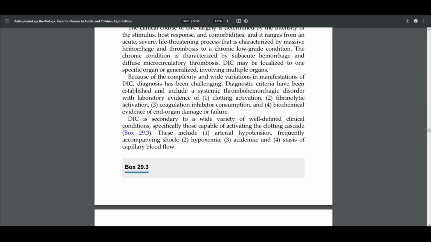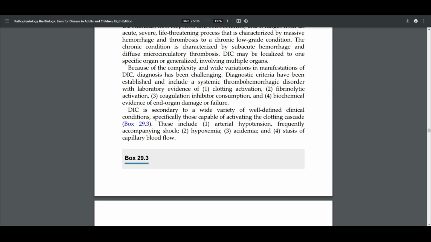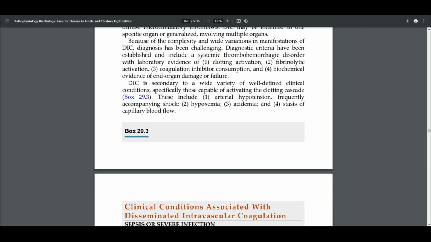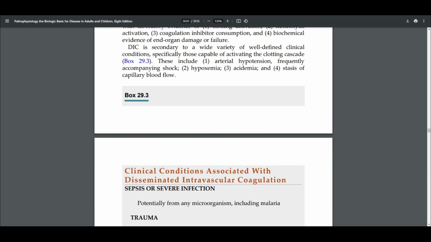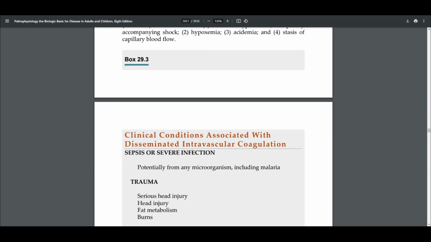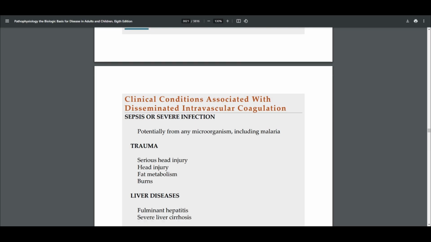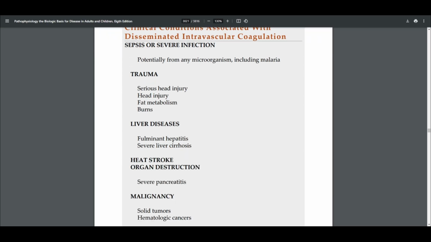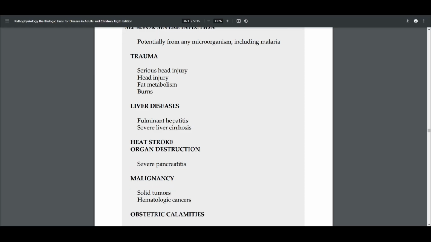These include arterial hypotension, frequently accompanying shock, hypoxemia, acidemia, and stasis of capillary blood flow. So here in this box, you see the clinical conditions associated with DIC. So let's pause and review.